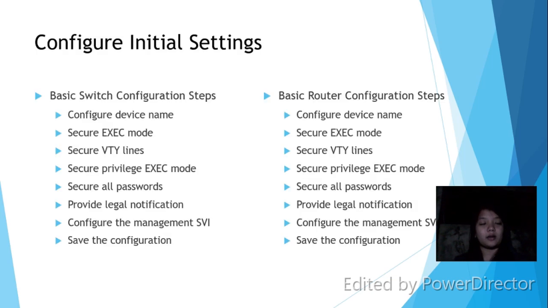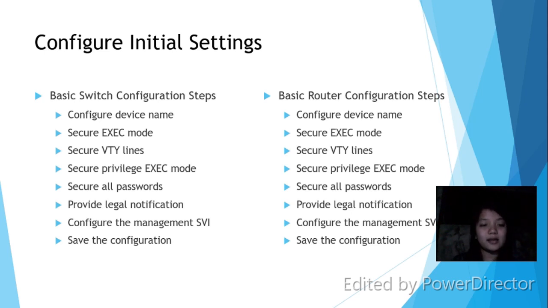Configuring a Cisco router. Configure initial settings. The basic switch configuration steps. We will configure first the device, starting with the host name. The command for that is hostname followed by the host name that you want.